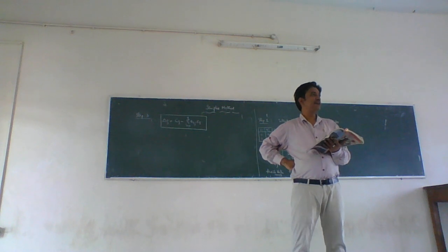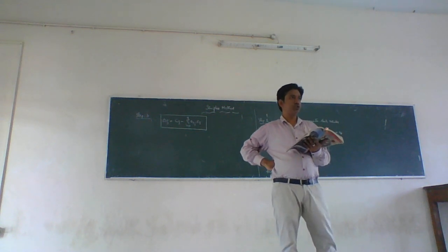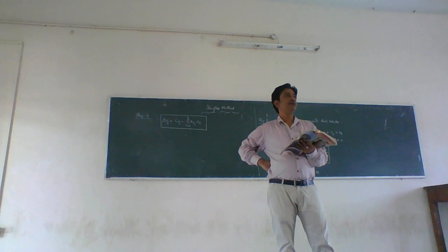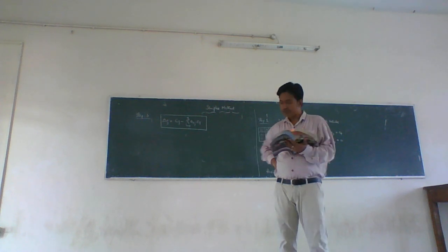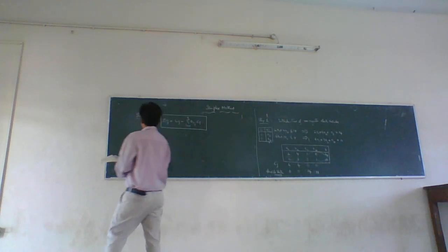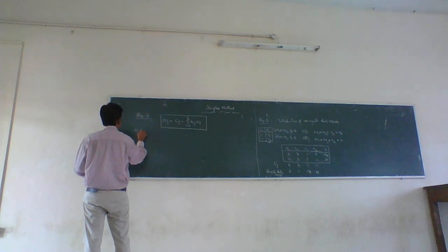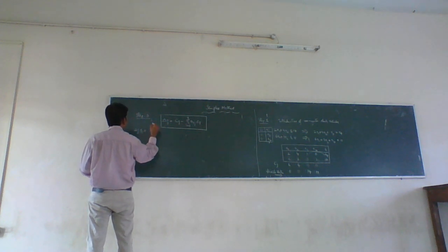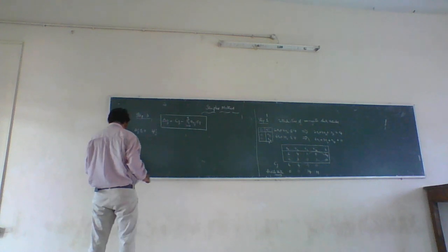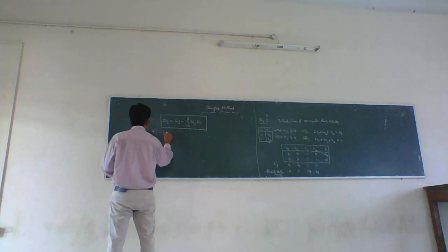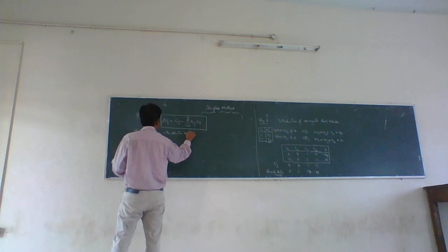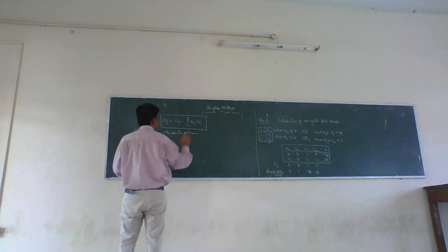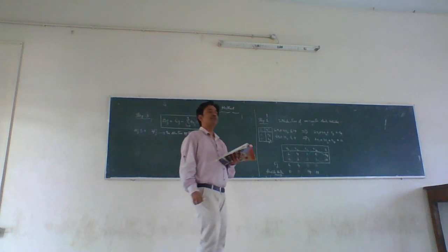If delta J is less than or equal to 0 for all J, then the solution is optimum, and the simplex method terminates.